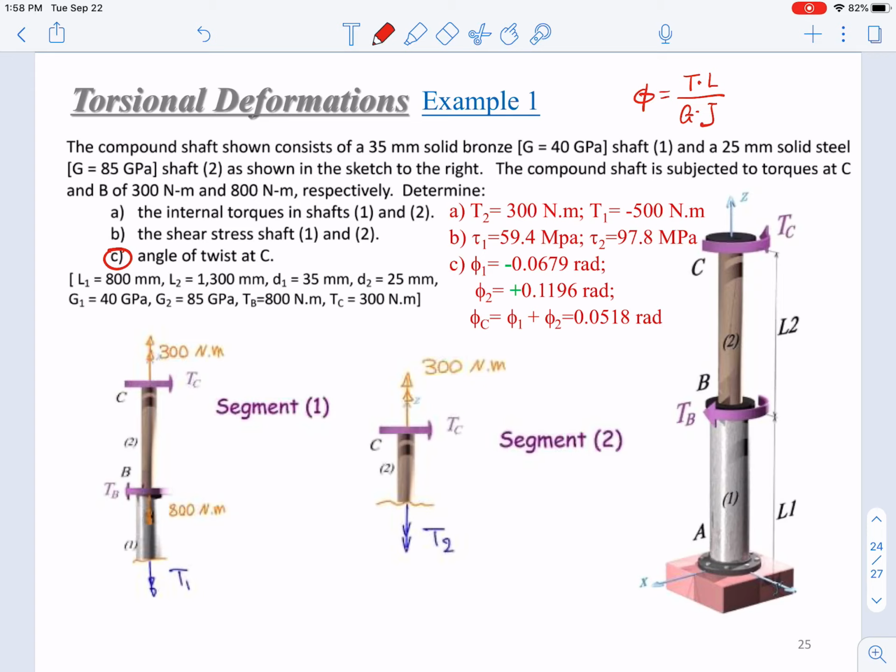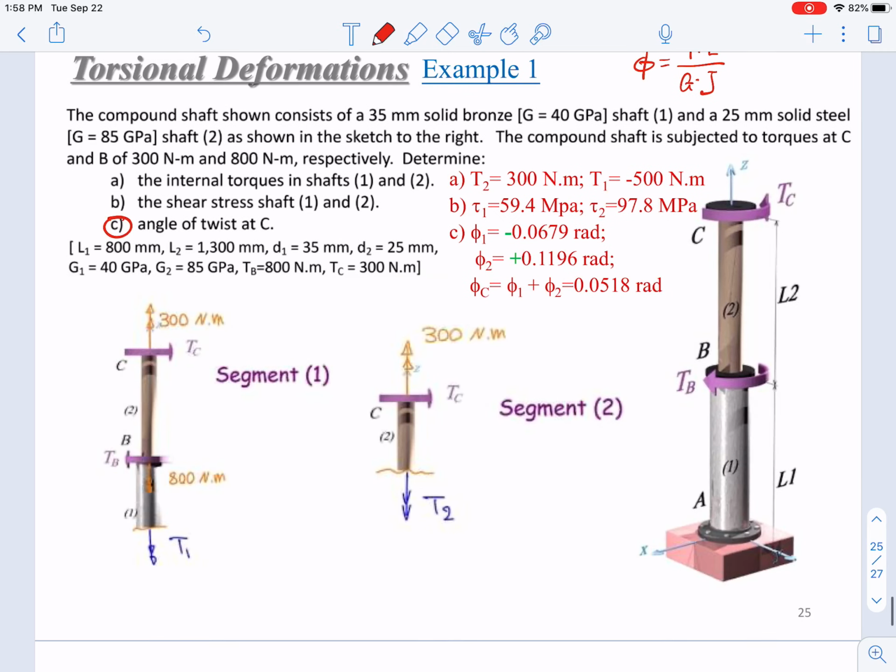But we will not need to calculate the shear stress in order to calculate the angle of twist. We only need the internal torques as shown here. We just need the internal torques, then we'll have the length, the modulus of rigidity, and the polar moment of inertia. So, according to the three questions, we calculate them step by step.